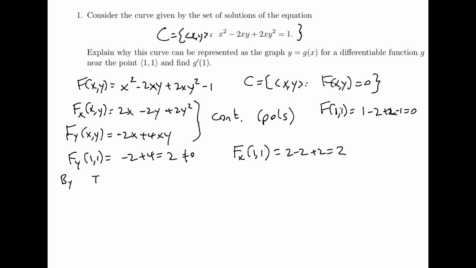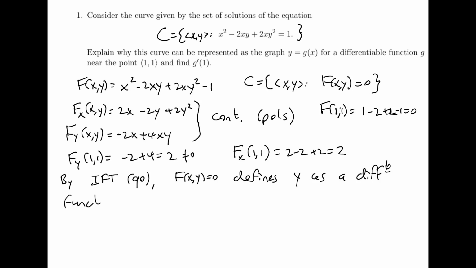So let's say by IFT, which is the implicit function theorem, in this case theorem 90 in the course notes, we know that the equation F(x, y) equals 0, which describes our curve, defines y as a differentiable function of x near the point (1, 1).